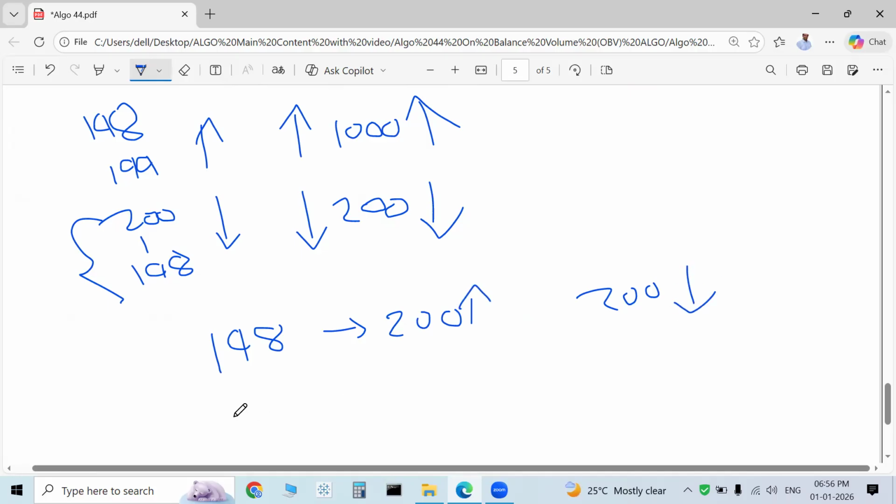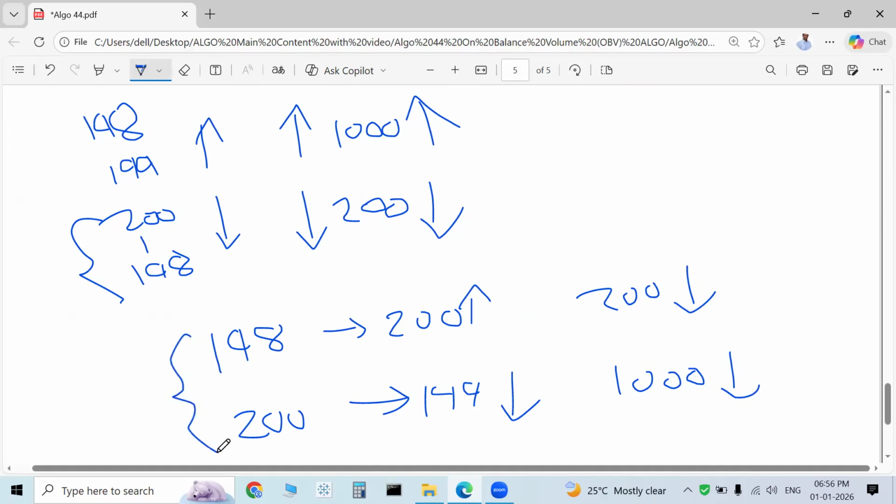Now let's consider that from 200, the price decreased by only 1 rupee, to 199. The price decreases, but the volume becomes very high. So somebody is selling, and that's why the volume is very high. So the price is saying, okay, I'm going to increase or decrease, but volume says a lot of things.